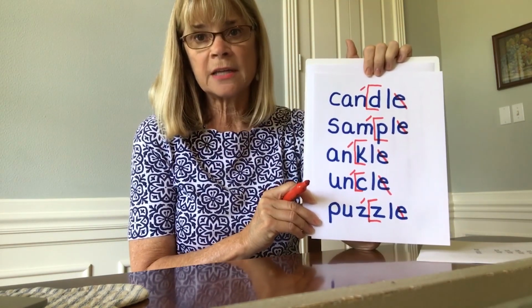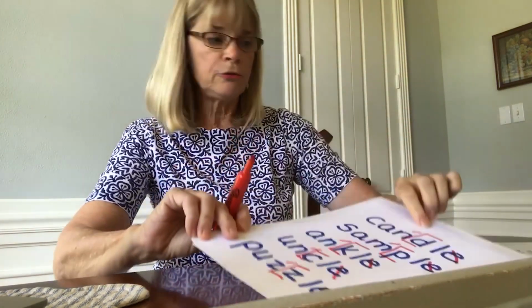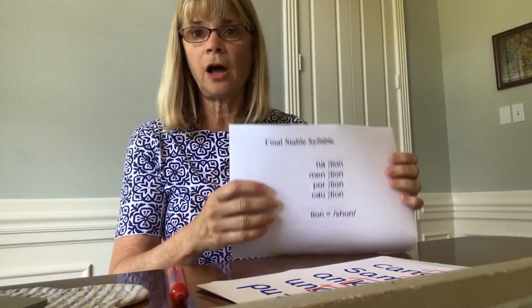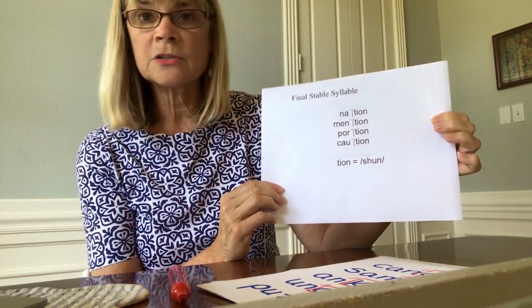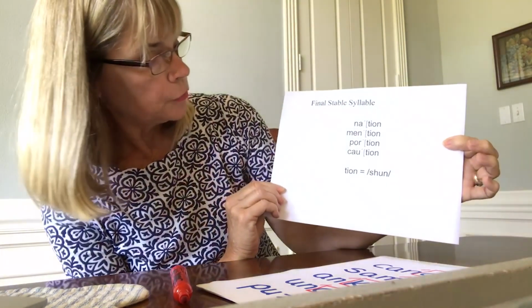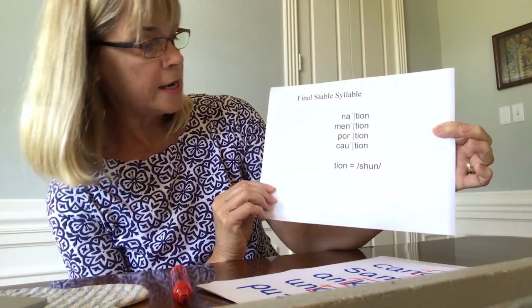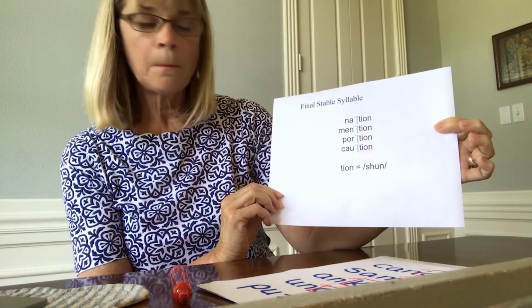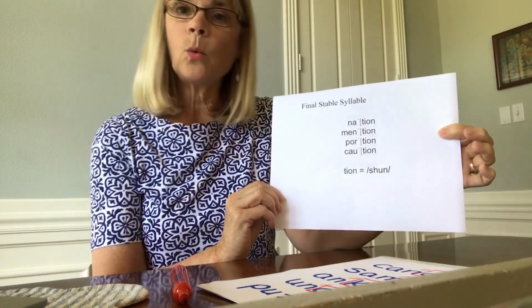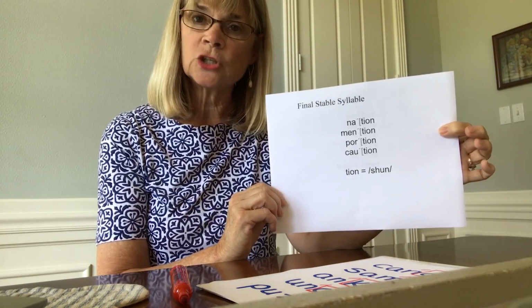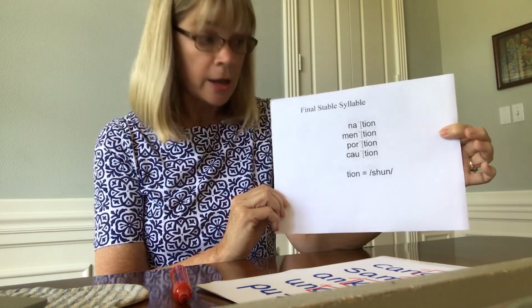So we have to learn them individually, but we know that they're always going to be reliable for reading because they're very stable. So let me show you a few other final stable syllables that can be taught and have wide application. So in this final stable syllable, you will notice we have the words nation, mention, portion, and caution. So again, what did we hear in final position? We heard shun.